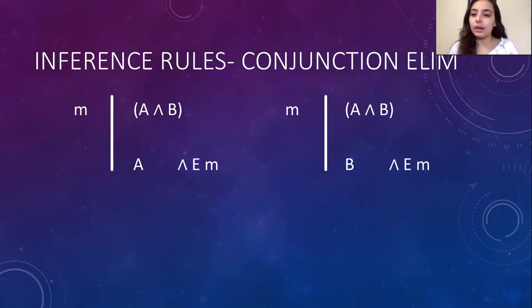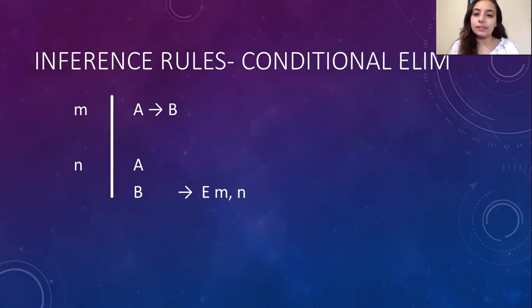This does not work, however, for the conditional elimination. You can't just eliminate A. So let's take a look at it. Okay, so say you're given A arrow B in one of the premises, and then you're also given A by itself as also one of the premises.